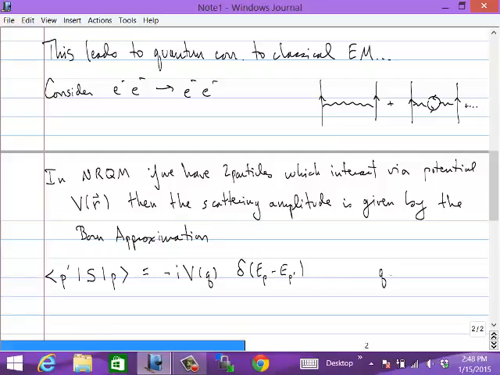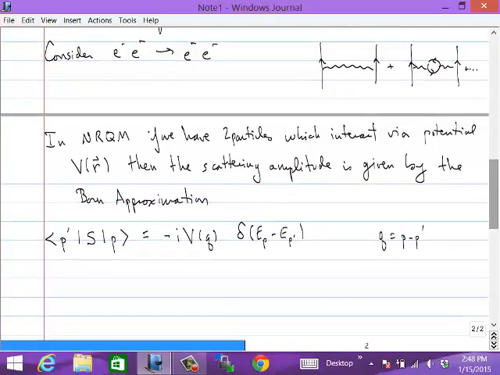Here Q is equal to P minus P prime, the momentum difference between the two particles. And the coefficient of the energy-conserving delta function is just given by the Fourier transform of the interaction potential.